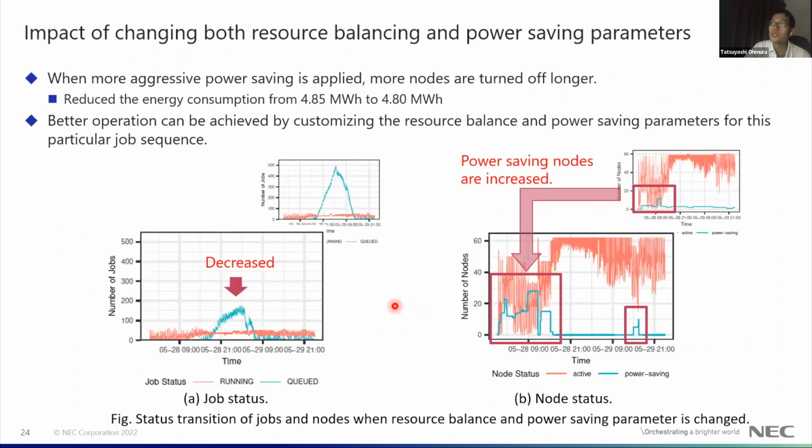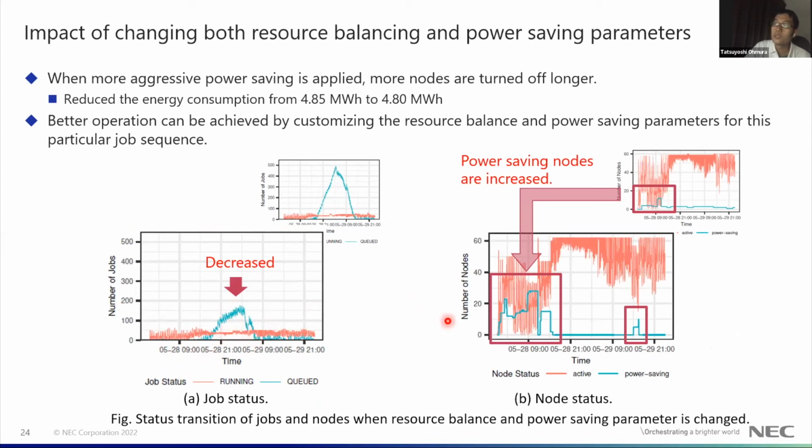This slide shows the simulation result. The left figure shows the changes in the number of waiting and running jobs. You can see that the number of waiting jobs has decreased due to the change in resource balance.